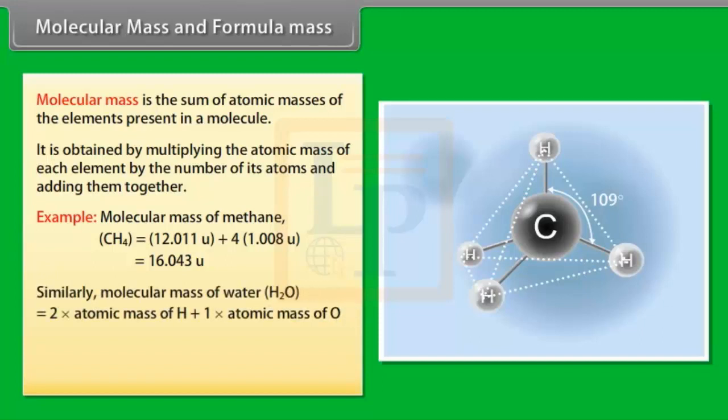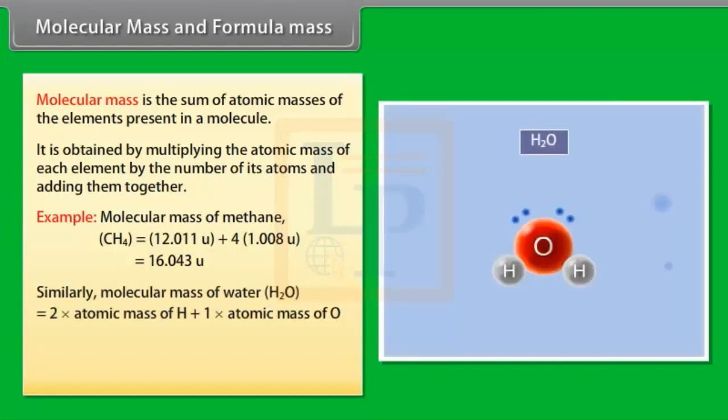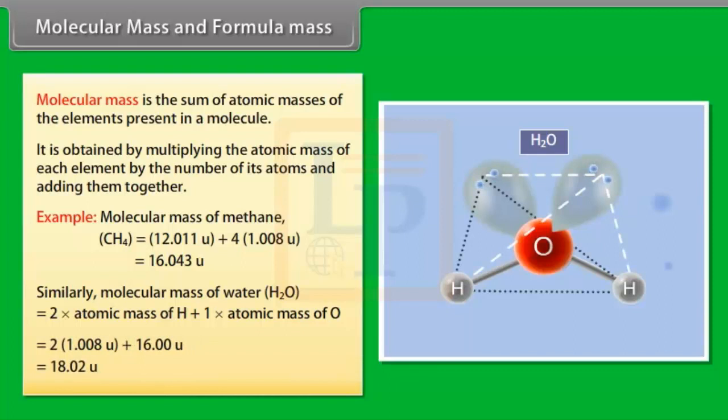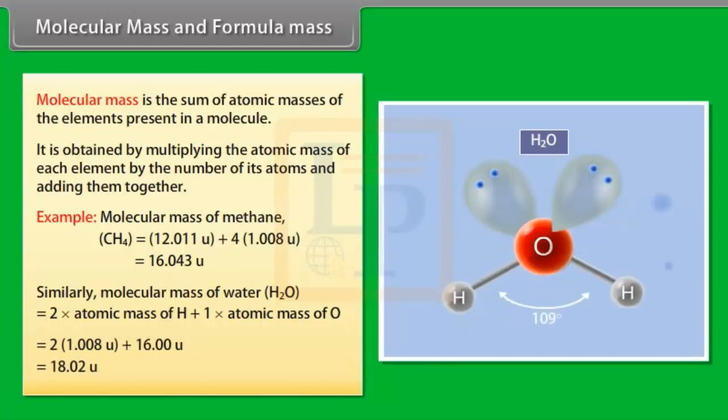Similarly, molecular mass of water, H2O, is equal to 2 × atomic mass of H plus 1 × atomic mass of O, which is equal to 2 × 1.008 u plus 16.00 u.